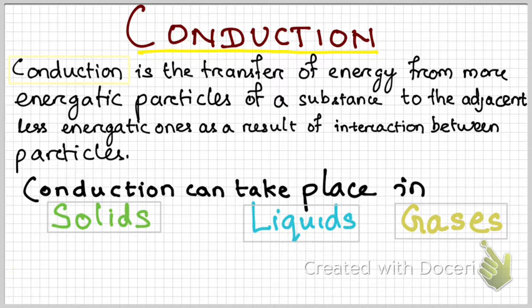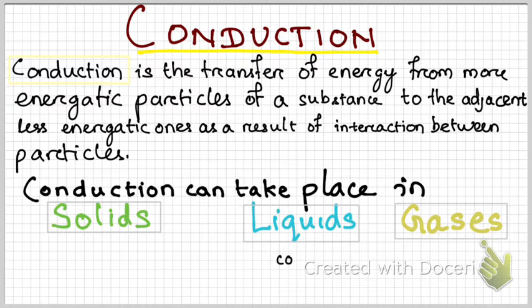Let's analyze how this conduction takes place. By the definition, the transfer of energy takes place from one energetic particle to another less energetic particle. That means if we heat one end of the rod, the particles, atoms or molecules in this heated region gain more energy, and this energy is transmitted to the adjacent atoms or molecules.